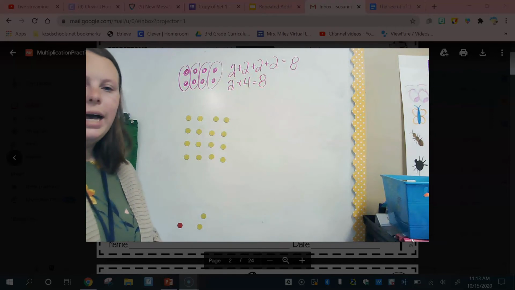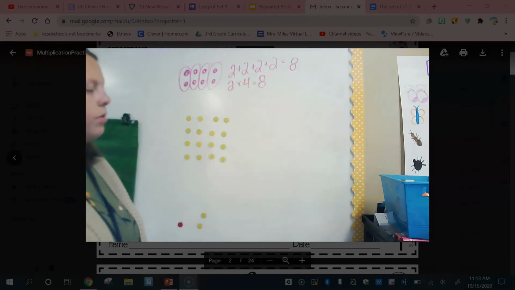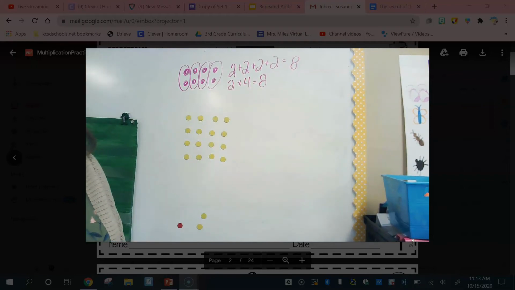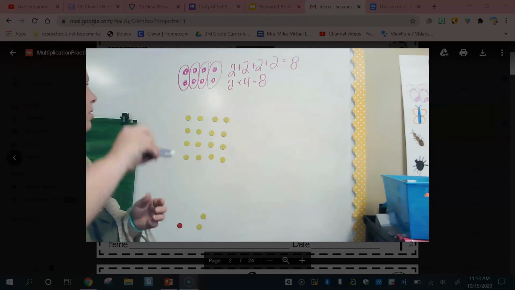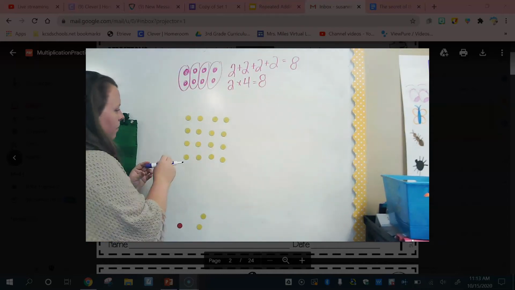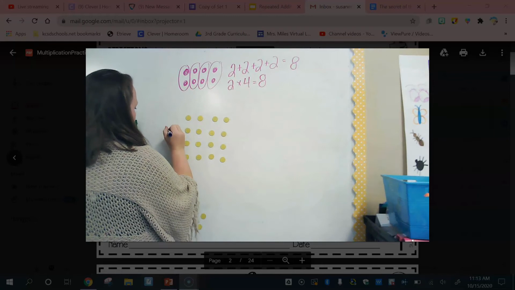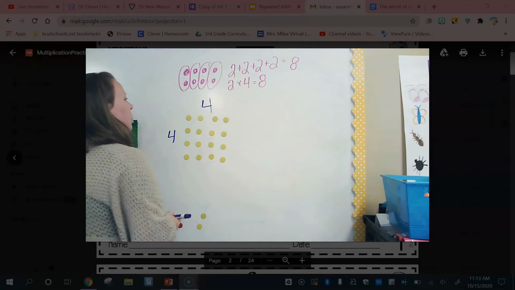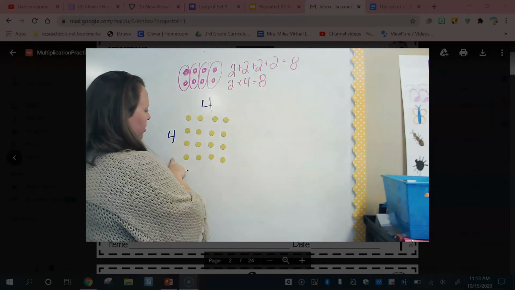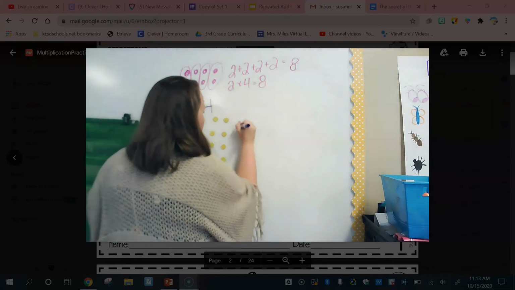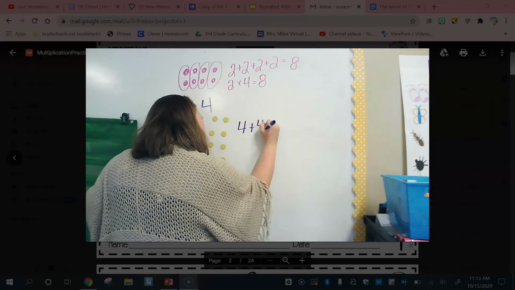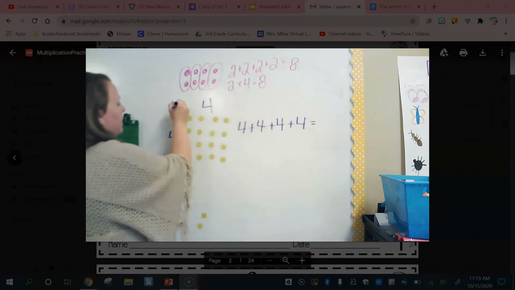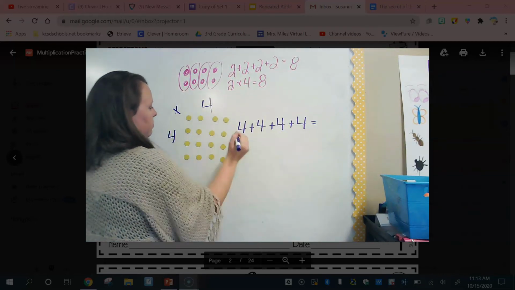Okay, so I need to find out how many dots there are in all, and I don't want to count one by one. So right here, I have 1, 2, 3, 4. 1, 2, 3, 4. So what I can do is I can add 4 times, or I can multiply 4 times 4.